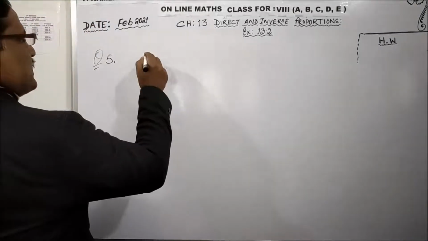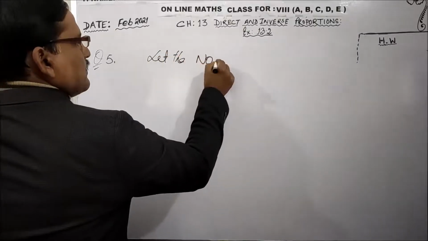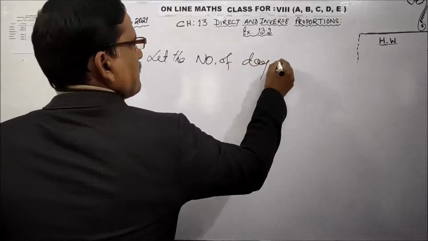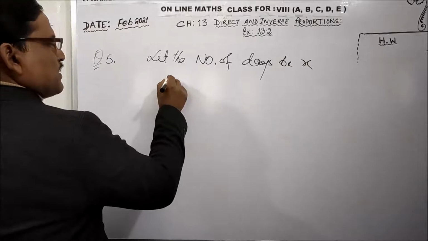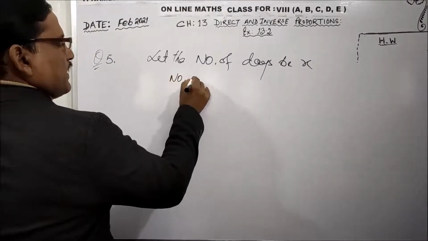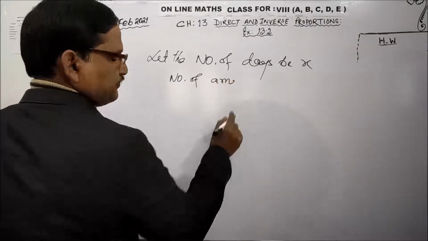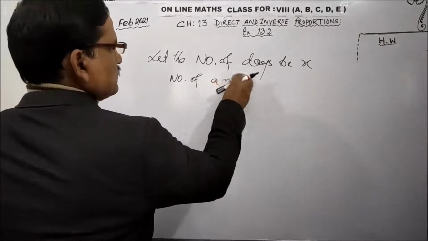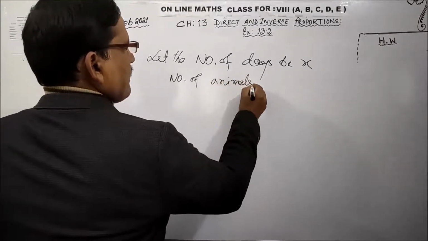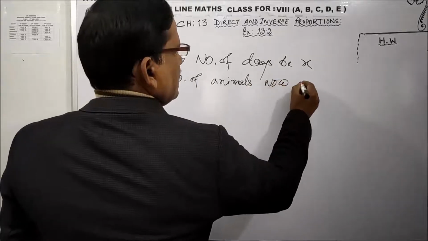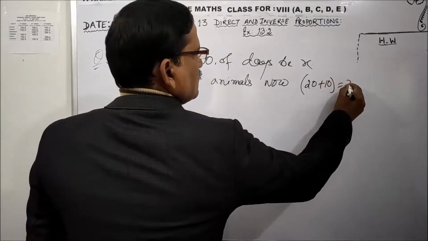Let the number of days be X. New number of animals: earlier it was 20, now 10 more, that equals 30.